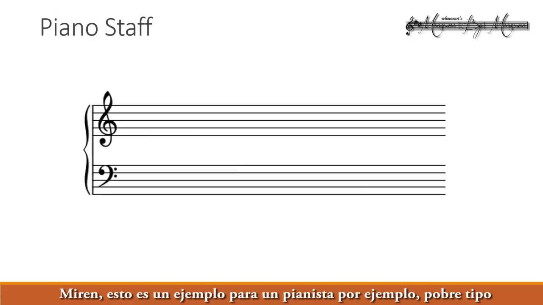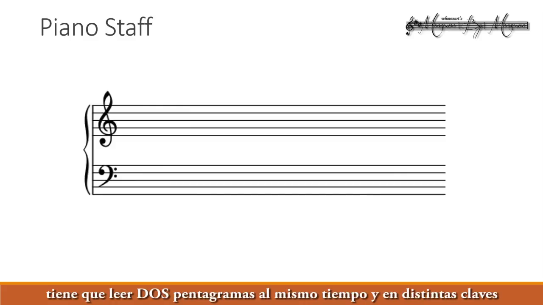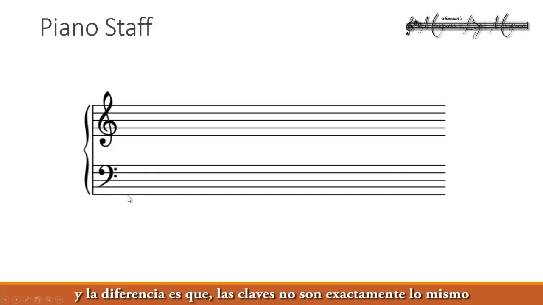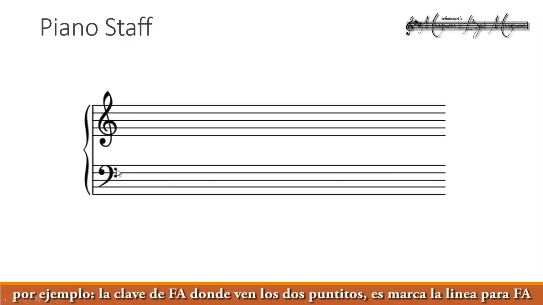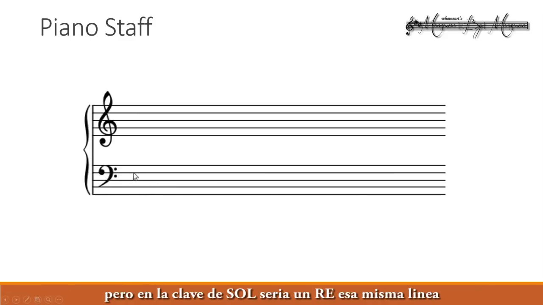I mean, look, this is an example for a piano player. Look at this poor guy. He needs to sight read two staffs at the same time, and they're different clefs. And the difference in the clefs, they're not exactly the same. For example, this F, as you can see the two dots, that marks the F line, but on the treble clef that would be a D, the same line.